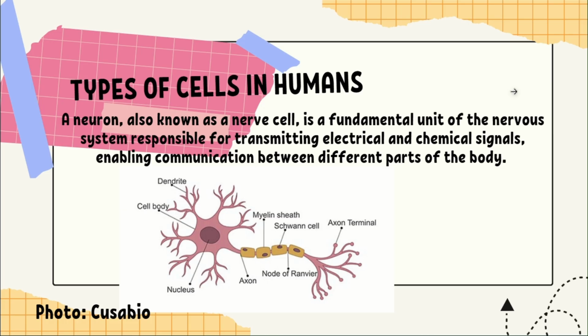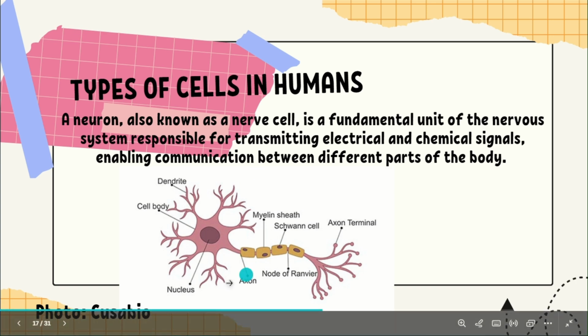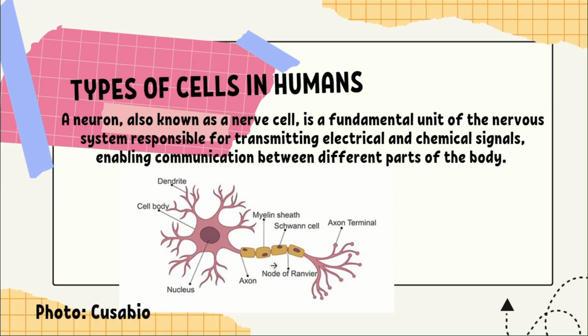That's obviously where all the cell organelles are going to be, like mitochondria and all those things. Then we have our nucleus, and the nucleus is still the nucleus in every cell. It does the same thing and it controls the cell. In the case of our neuron, it determines whether or not this neuron is going to fire. So the nucleus decides whether or not this neuron is going to fire.